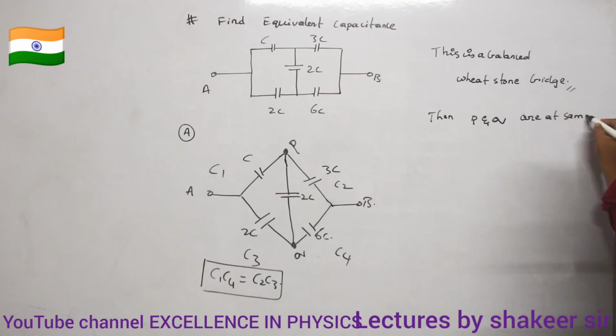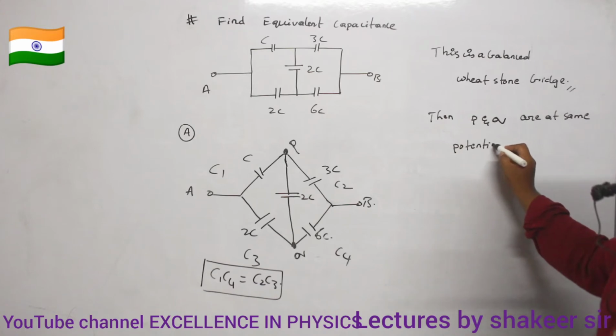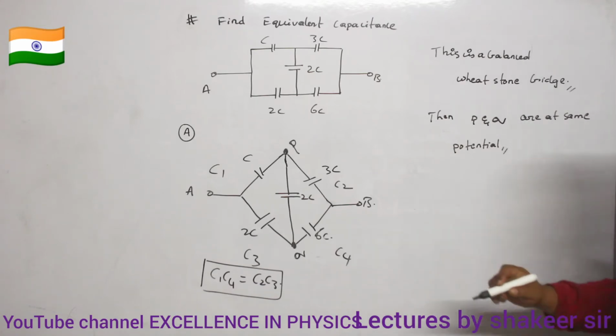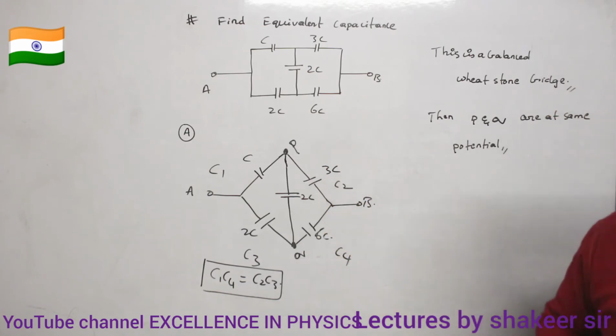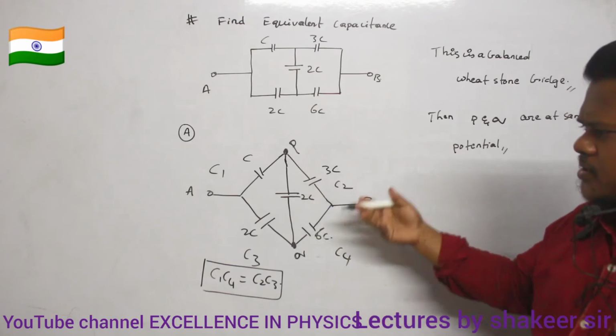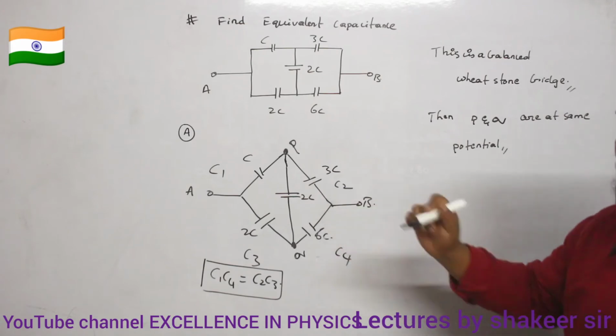What is the meaning that point P and point Q are at same potential? It means that if you connect any component in between P and Q, charge cannot flow through that branch.